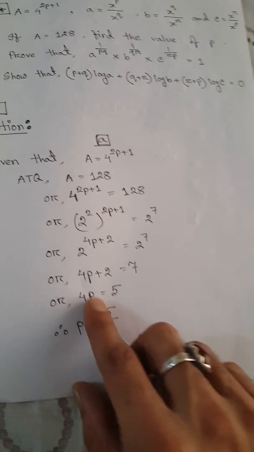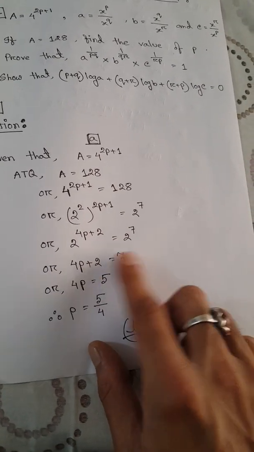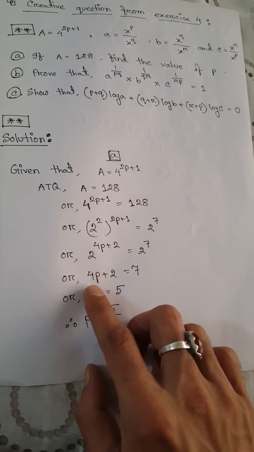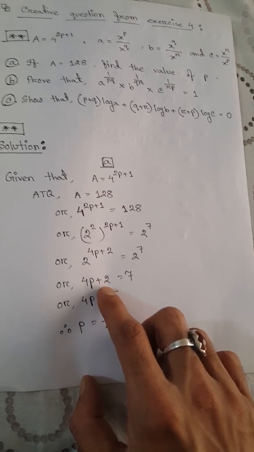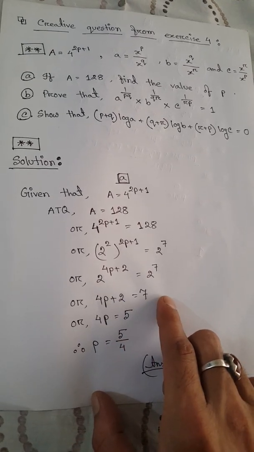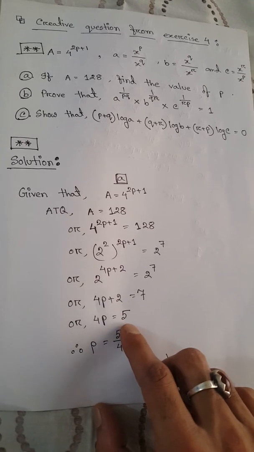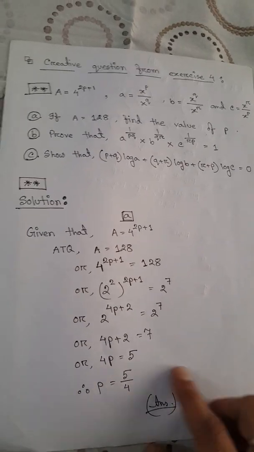So we can write this power and this power as equal. Hence, by simple calculation, we get 4p is equal to 5, by moving 2 to the other side. It is plus, so it becomes minus, and 7 minus 2 is 5. So p will be 5 by 4, and that is our answer.